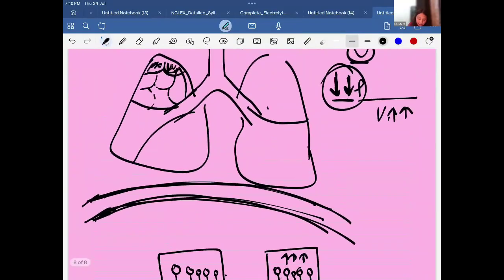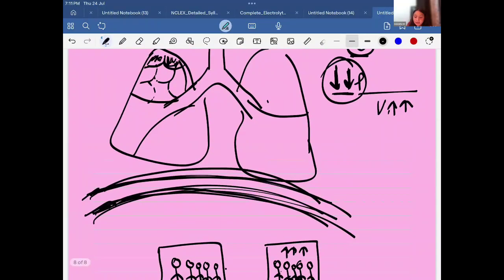And hence, if your diaphragm is in the arch position, that means your diaphragm is relaxed. This is the relaxed position of your diaphragm. It will push the lungs up, and there will be a contraction, so there will be a decrease in the volume. When your diaphragm is relaxed, there is a decrease in the volume, so there will be an increase in the pressure.